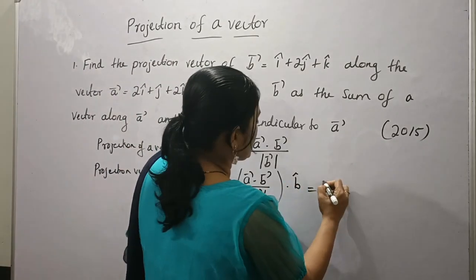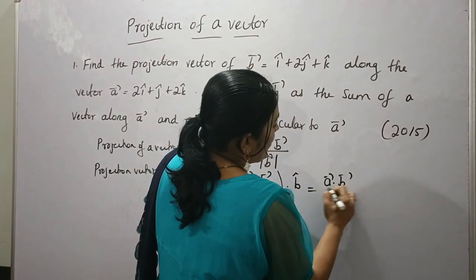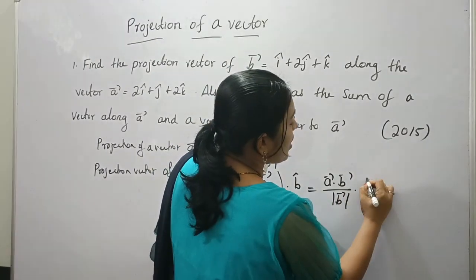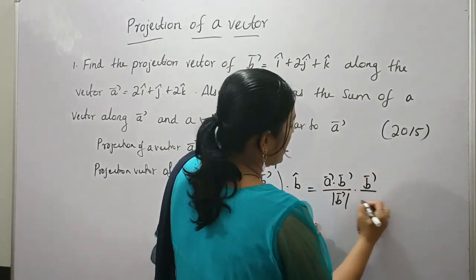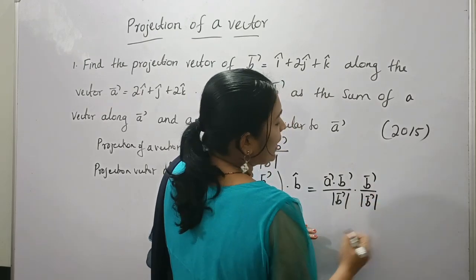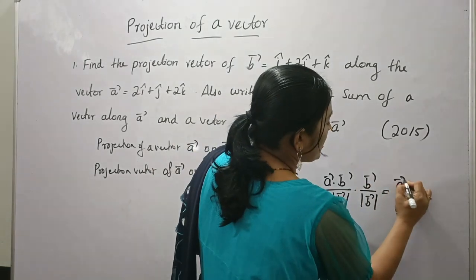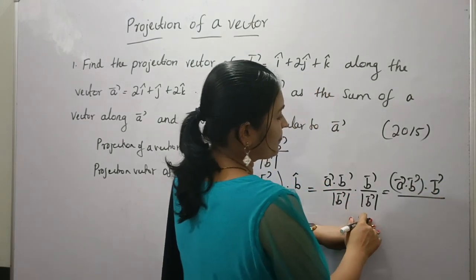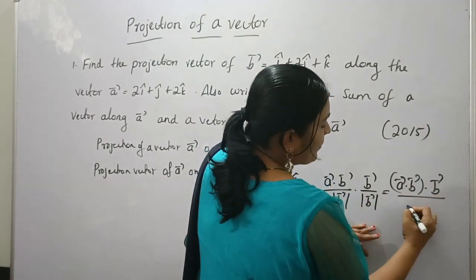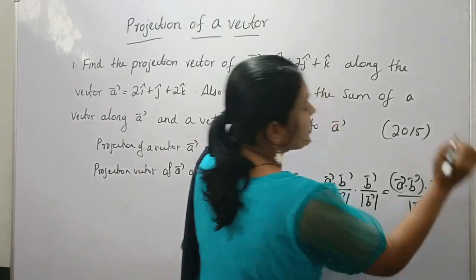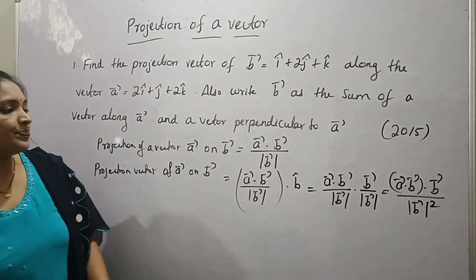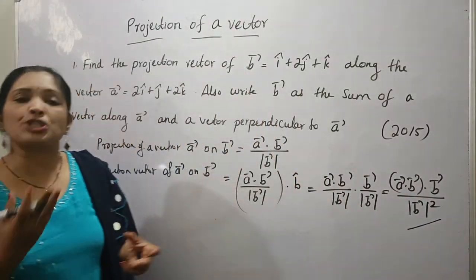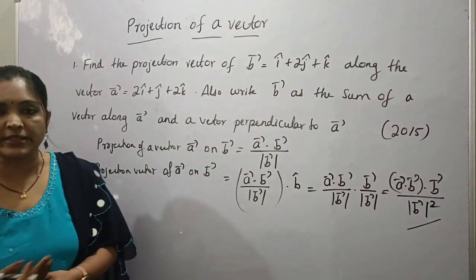So here this can be written as vector A dot vector B divided by modulus of vector B into vector B divided by modulus of vector B. That is equal to vector A dot vector B into vector B divided by modulus of vector B square. Okay, so here it is the formula to find the projection vector of a vector on another vector.